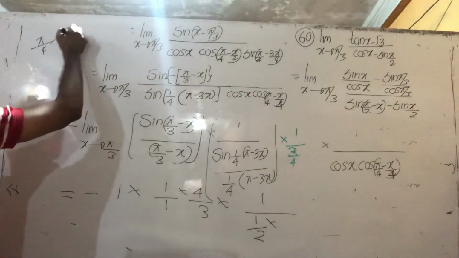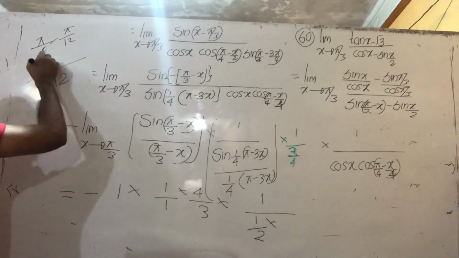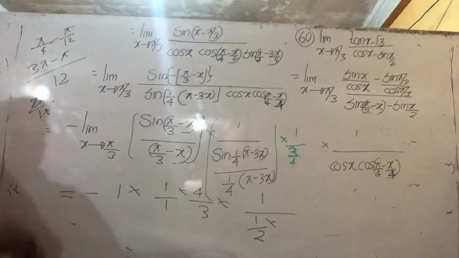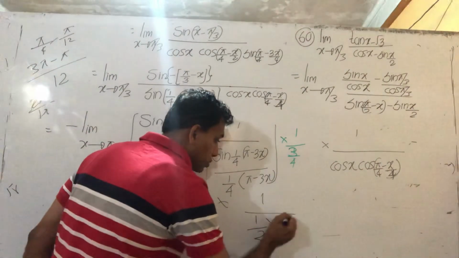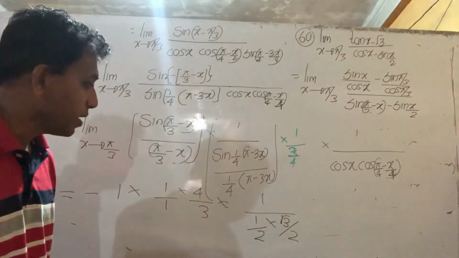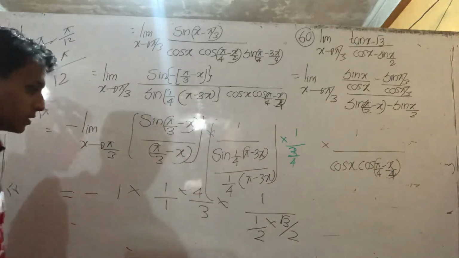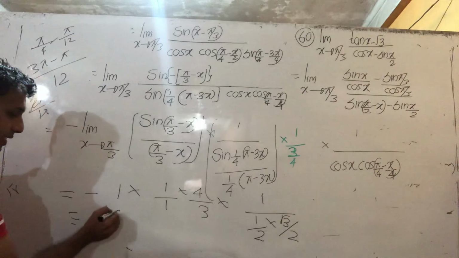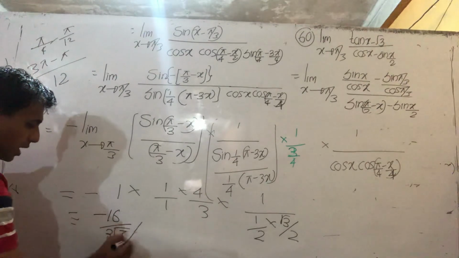The LCM is 12, so 3 pi minus pi, 2 pi by 12, pi by 6, cos pi by 6 is root 3 by 2, very important. A useful question, a very long problem. I missed that x by 4, check it. So therefore the 4 goes to that side. The answer is minus 16 over 3 root 3.